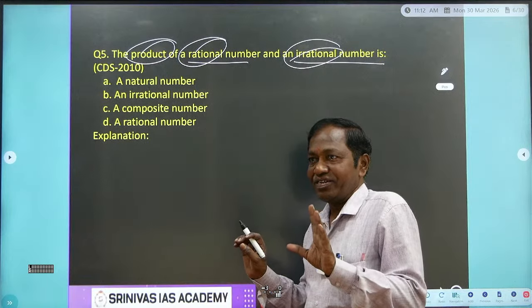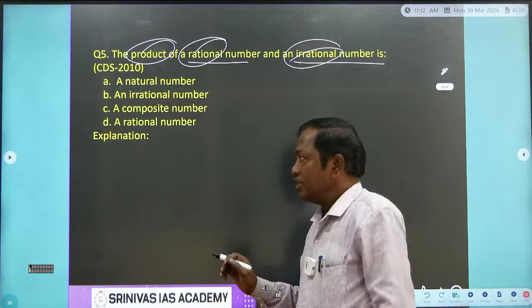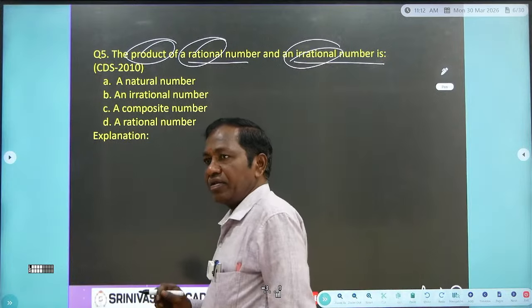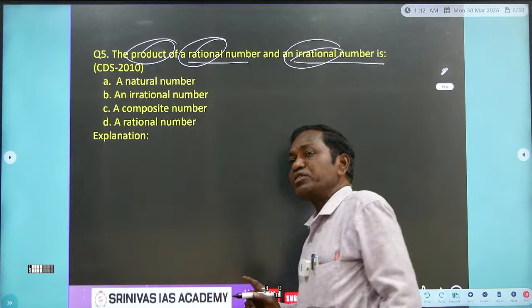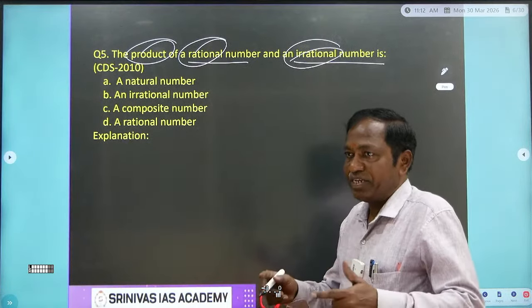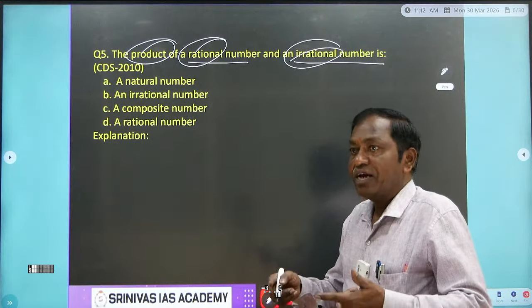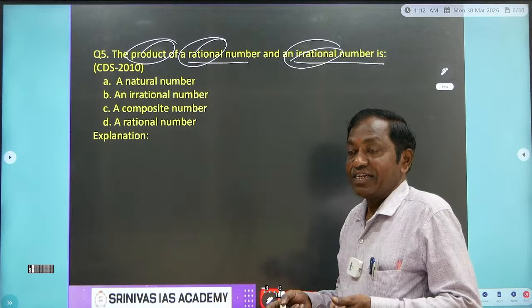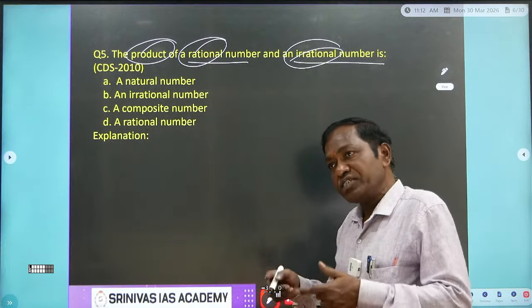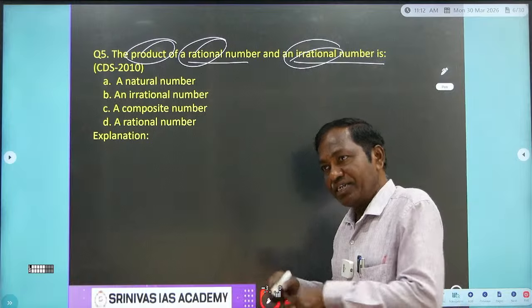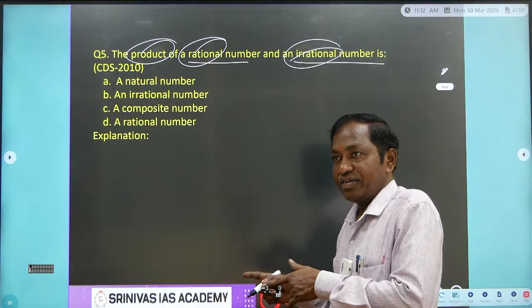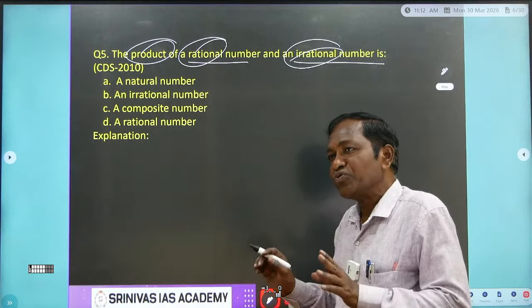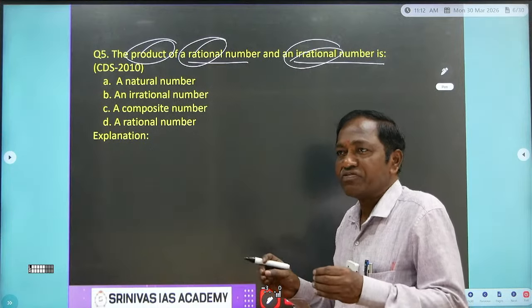Rational numbers means there must be repeating decimals or terminating. Though it is in the p by q form also, it is like that only. That's why the best example for us to know within a fraction of a second is pi.